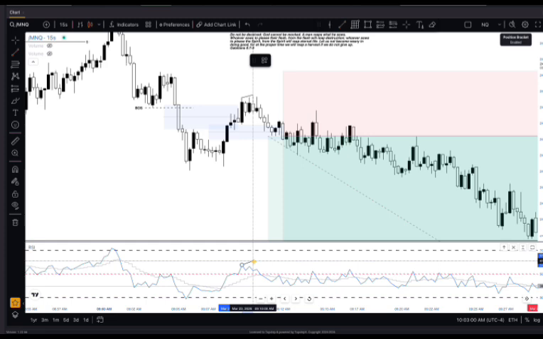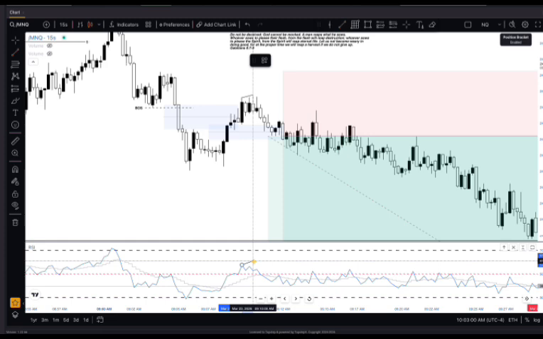The volume was not there. It was not reaching previous volume values, and I noticed, okay, that's low volume basically. Nowhere in the following candles I was trying to trade.